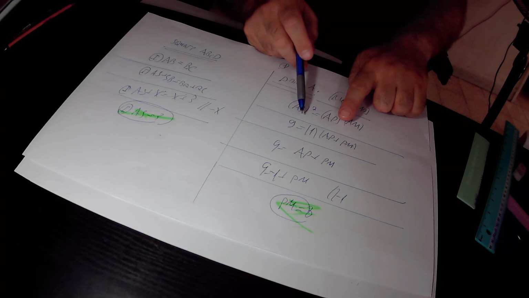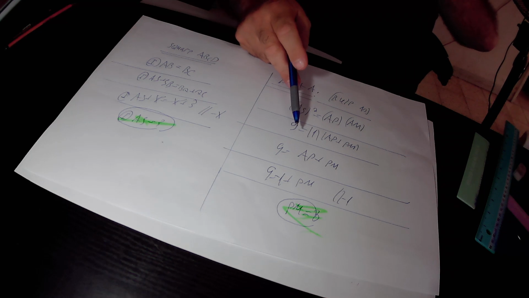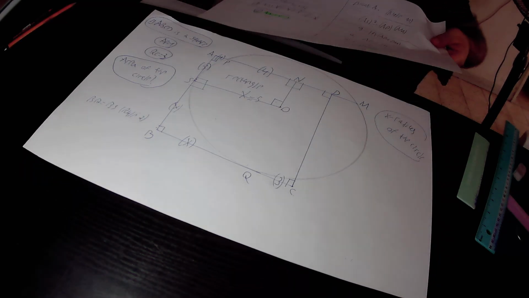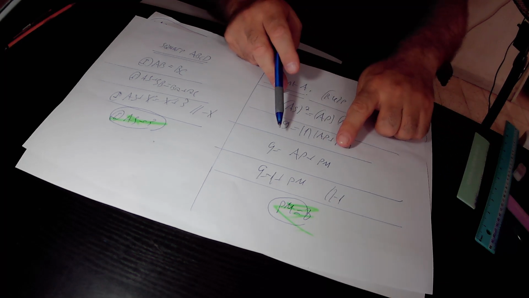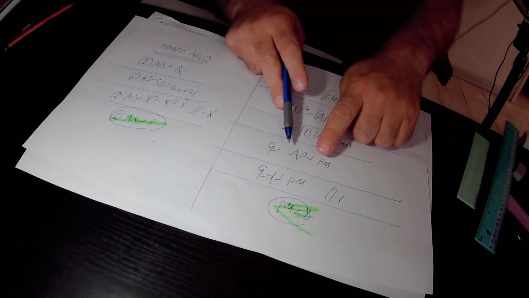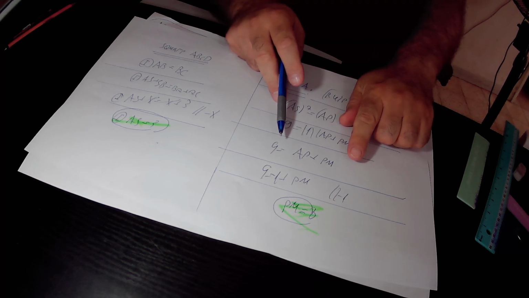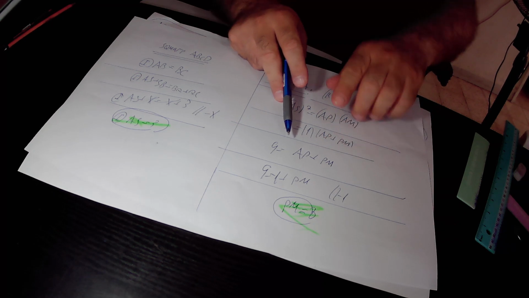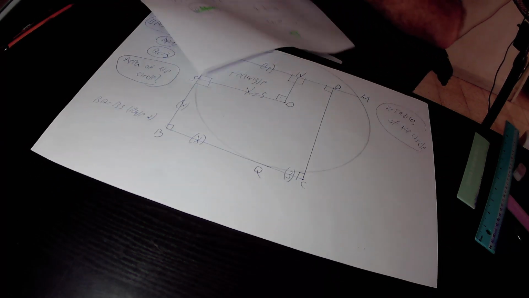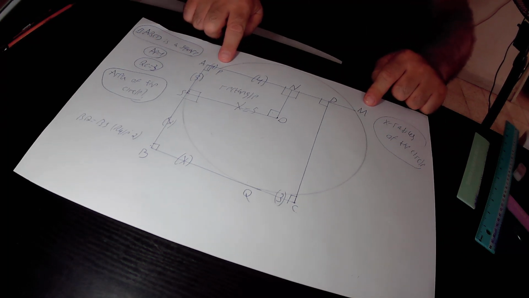So 9 equals AP, and AP is 1, plus PM. So in total, we found out that 9 equals 1 plus PM. Here we subtracted 1 from this equation, and finally found out that PM equals 9 minus 1, which is 8. So we found out that this chord PM is equal to 8 units in length.